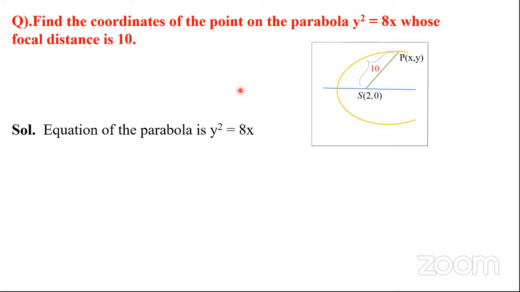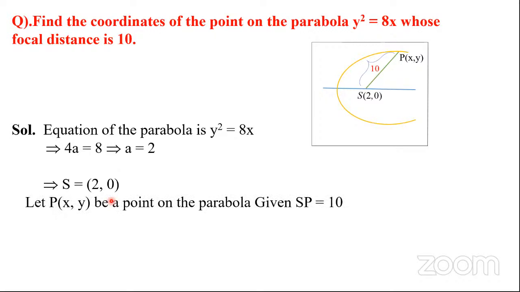Let us write the solution, children. Given parabola, y square is equal to 8x. Comparing with the standard form, 4a is equal to 8, from which a is equal to 2. Therefore, the focus of the parabola y square equal to 8x is S(a, 0) equal to S(2, 0). Let P(x, y) be a point on the parabola whose focal distance is 10.